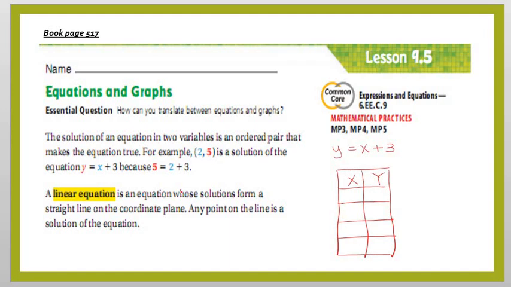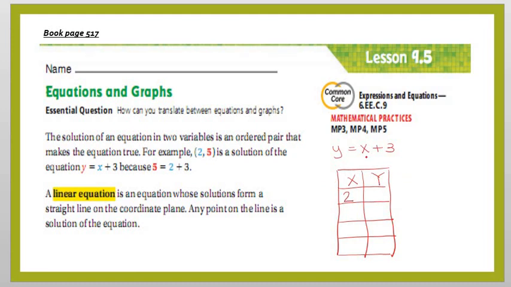Why? Because they make my equation true. So here it says the solution of an equation in two variables is an ordered pair that makes the equation true. For example, if I take when x equals 2, I want to find the value of y.